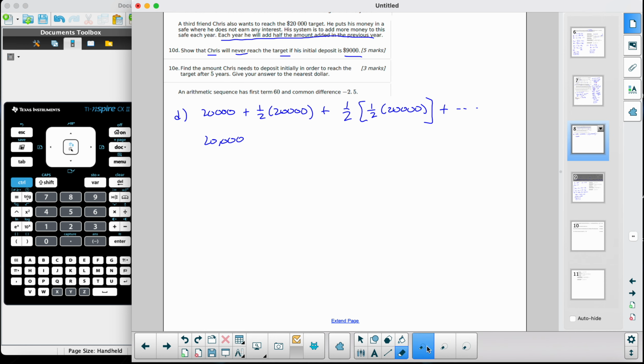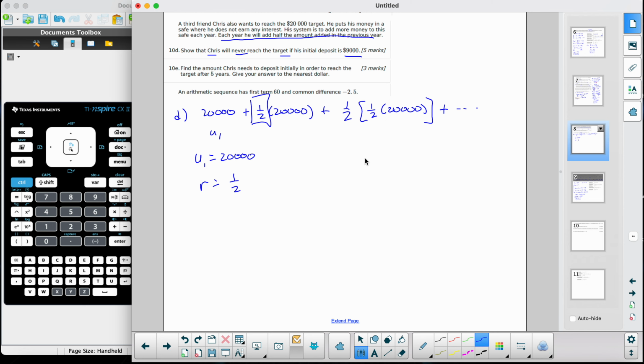And u sub 1 is 20,000. The common ratio is what we're multiplying by. It's 1/2.